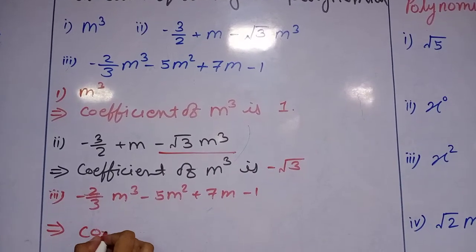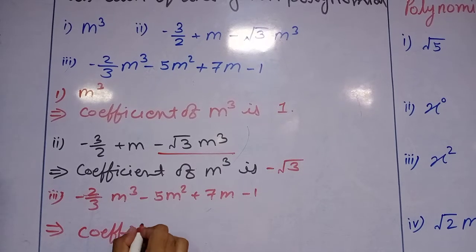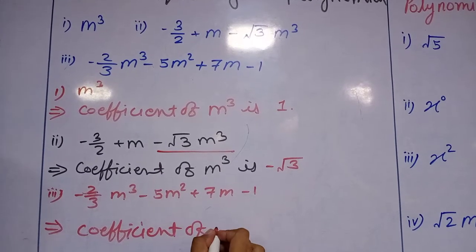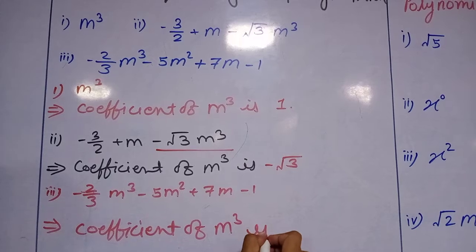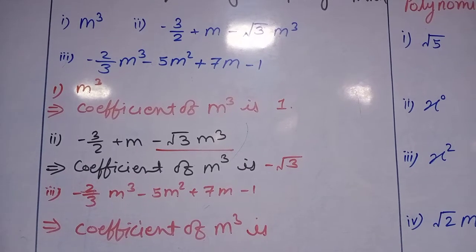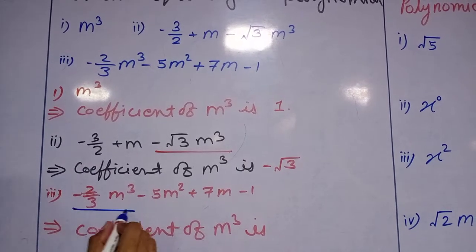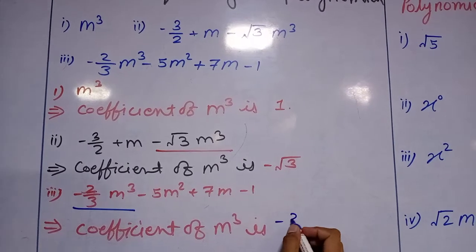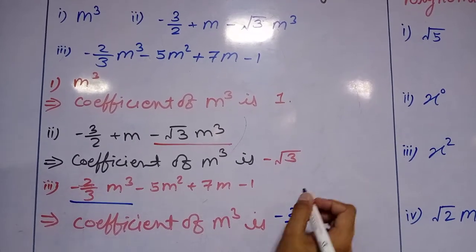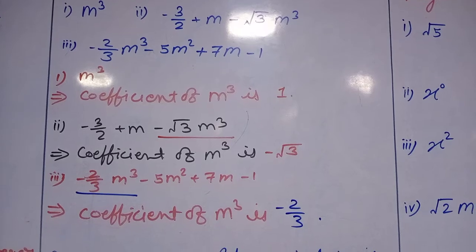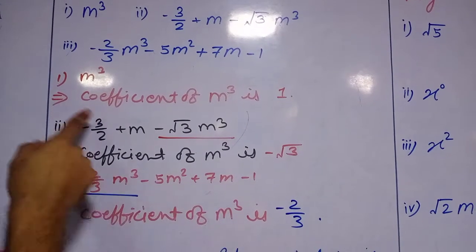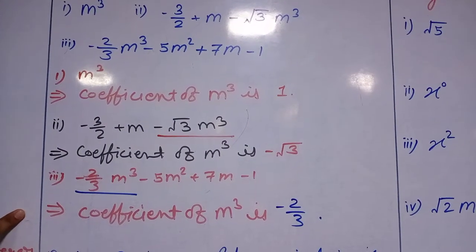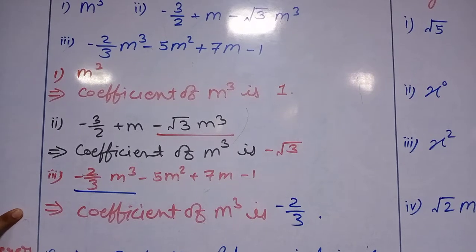So what is the coefficient of m cube? You can see over here we have minus 2 upon 3, so that is minus 2 upon 3. This way we can find the coefficient of m cube in each of these 3 algebraic expressions, or we can say the polynomials.